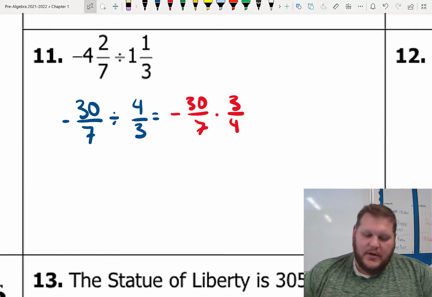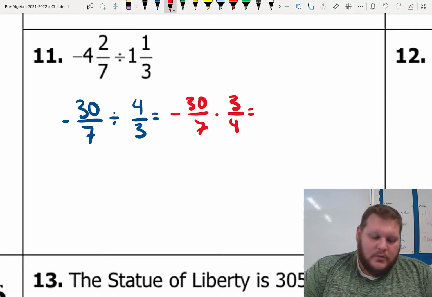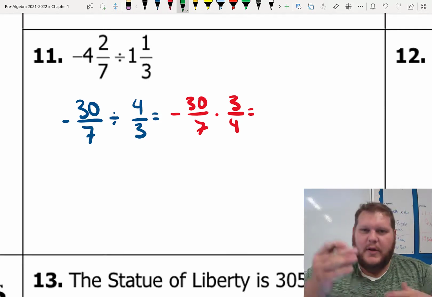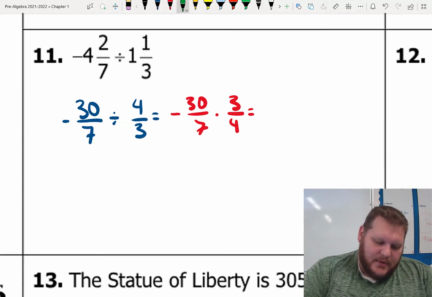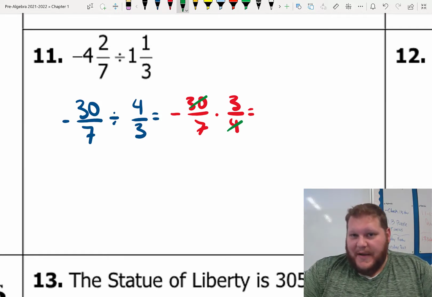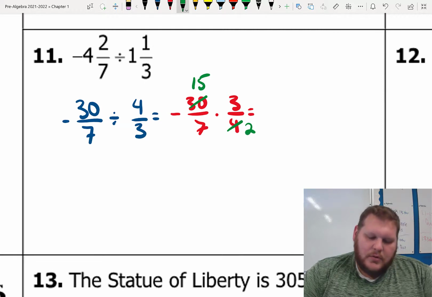Now I can either reduce if you want to. It's usually a little easier to recognize what you can divide by, top and bottom, to reduce. But 30 and 4 are both even numbers, so you can divide both of those by 2. 15 and 2. And that looks like about all we can do.